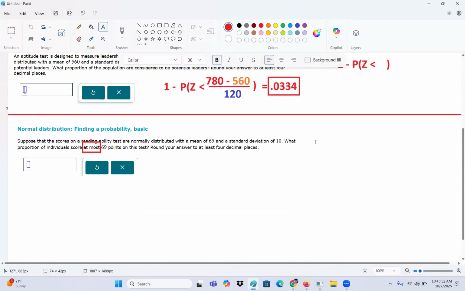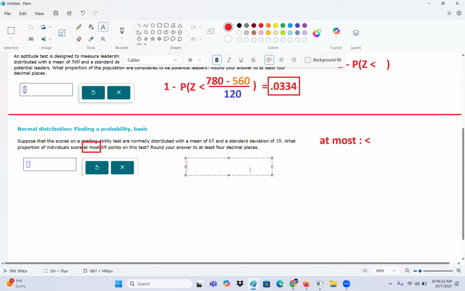The max number we'd have is 69 or fewer, right? At most is less than or equal to. We don't count the equal sign, because the probability at any specific point equal to 0 over any continuous model is too small to evaluate.